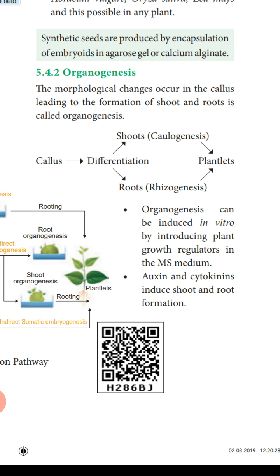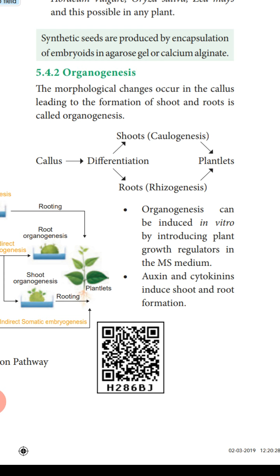Organogenesis can be induced in vitro by introducing plant growth regulators in the MS medium. If the shoot is developed from the callus, then with the hormones present in the medium, the roots can be induced to develop.